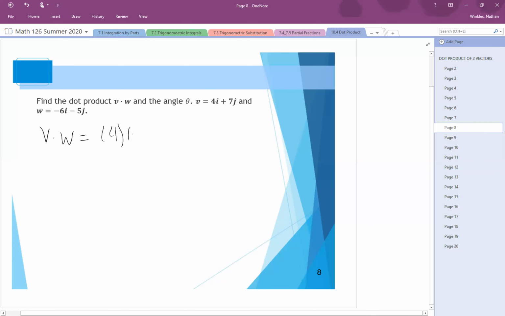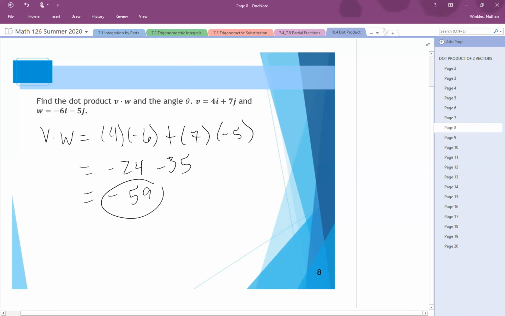So 4 times -6 plus 7 times -5, -24 minus 35, -59. Well, that told us the dot product. So right now we know they're not orthogonal because we did not get 0 there. So we found our dot product v dot w.